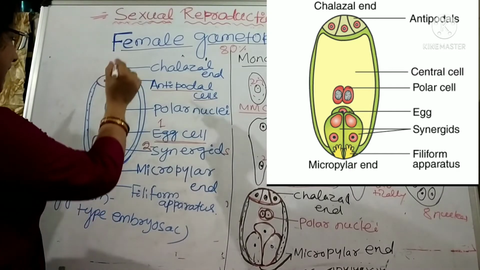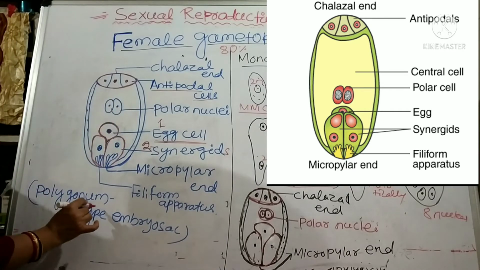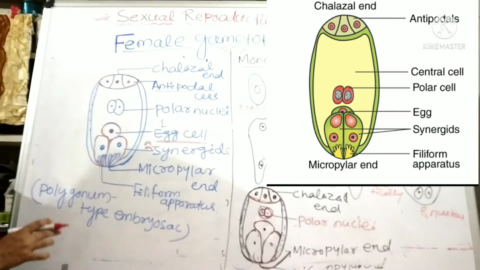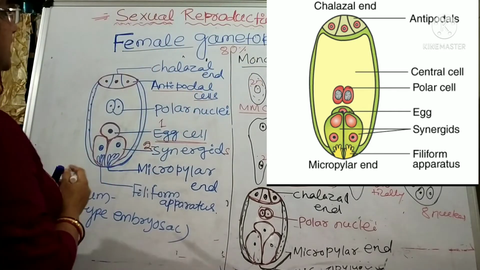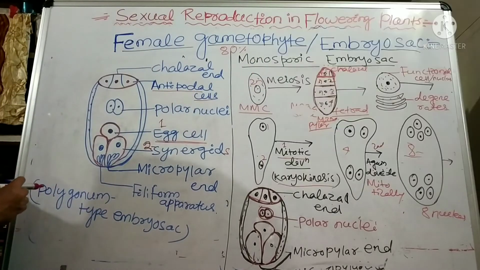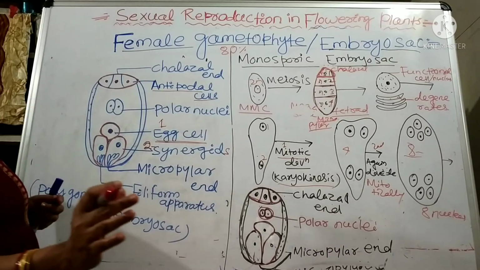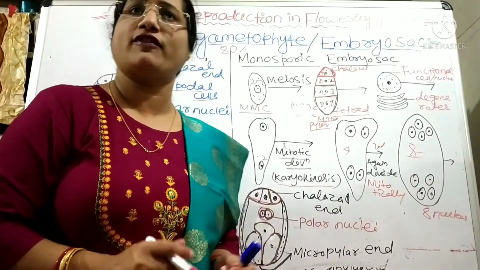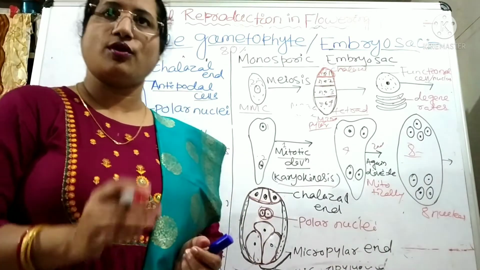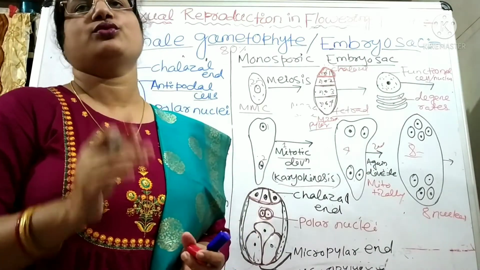Okay, and this is the polygonum type embryo sac, or the monosporic embryo sac. Okay, clear? The development of the female gametophyte takes place from the megaspore.